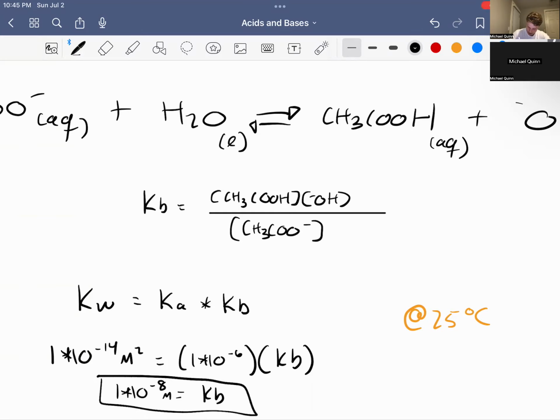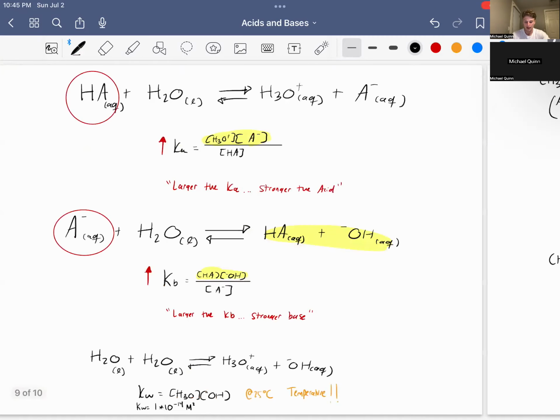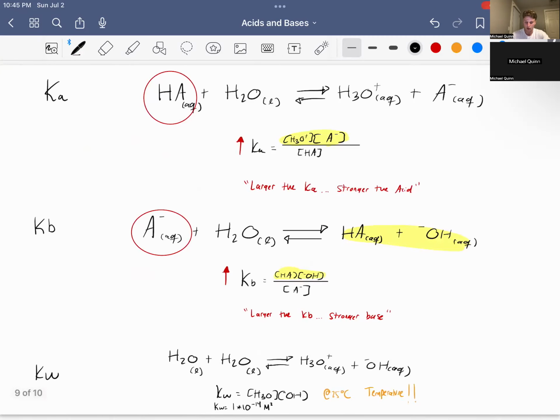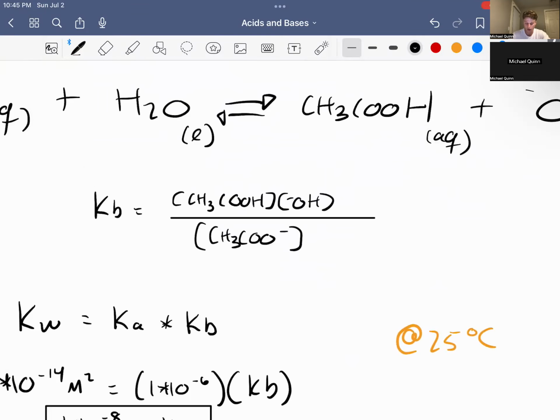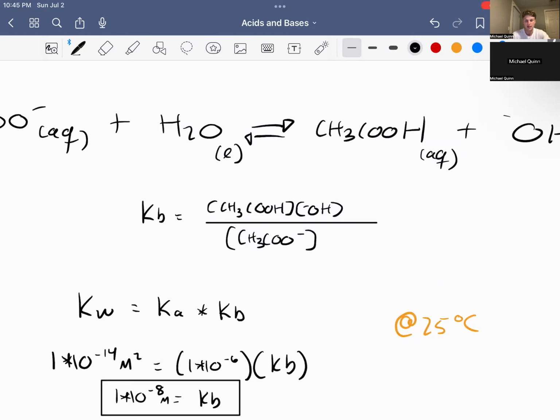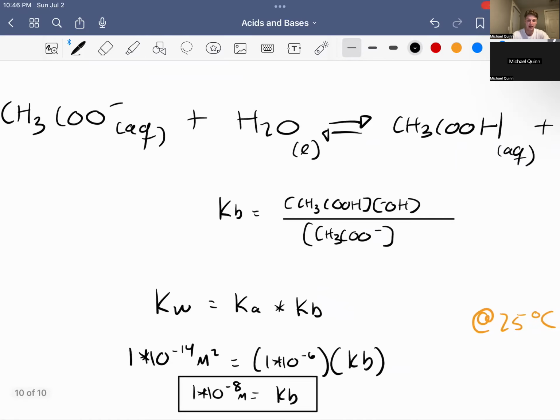So, as we can see, knowing Ka, Kb, and Kw is really important. Writing the expressions for them is really important. The larger your Ka, the stronger your acid. The larger the Kb, the stronger your base. And Kw at 25 will be 1 times 10 to the negative 14. And when we have an acid or a base, all we need to do is know the Ka or the Kb, and we need to be at 25 degrees Celsius, and we can solve for our missing variable if we need to find Ka or Kb.